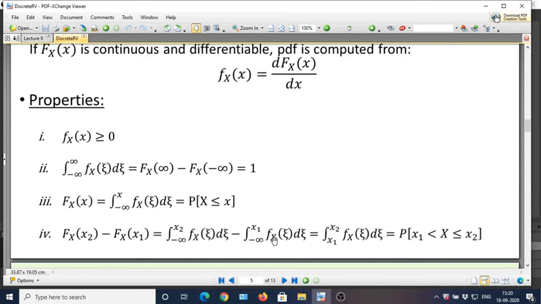So we can remove the interval minus infinity to x1, subtract it out, and we will get only the remaining interval x1 to x2 of fx of xi dxi, which is nothing but the probability measure of the random variable x taking a value between x1 and x2. So this is another interesting and important property of the density function.